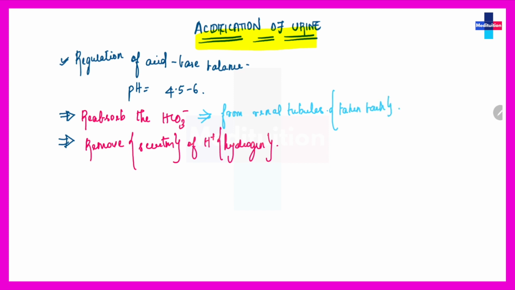So how can the secretion of hydrogen ions happen? Either the reabsorption of bicarbonates makes the secretion of H plus, which can happen in the passive way, or else by the other mechanism for hydrogen ion secretion, which is by the carbonic acid way.